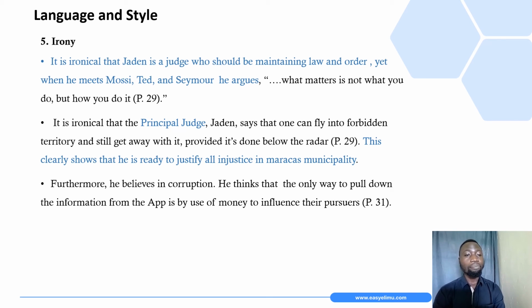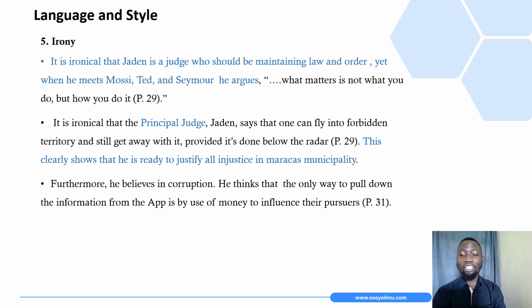So again, he goes further, stating that one can fly into forbidden territory and still get away with it, provided it's done below the radar. I can give you an example of getting away with murder. That is where maybe there is a murder suspect who is arraigned in court, but the father uses what? Uses money to get out of it. That is, I think, the best explanation that I can give so far.